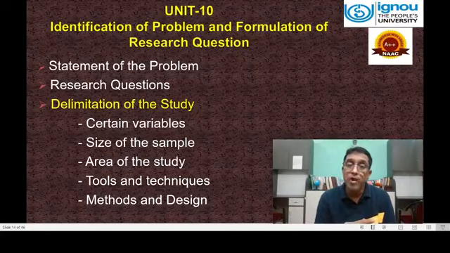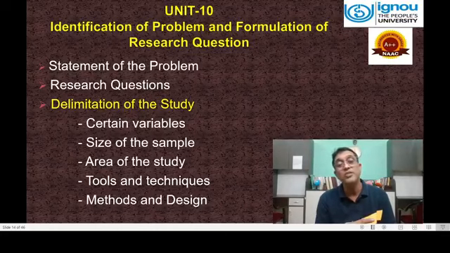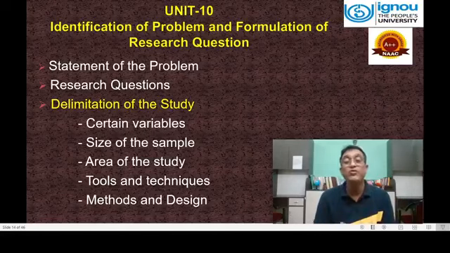You can say home environment or learning environment, at the same time learning style or study habit, and achievement of the learners. And you can also simply conduct a study of study habits with achievement. Okay, you may take the third variable, or you may not, or you conduct the study without taking the third variable. So when you conduct a study, you can delimit it with certain variables, that is, which variables you are going to study.